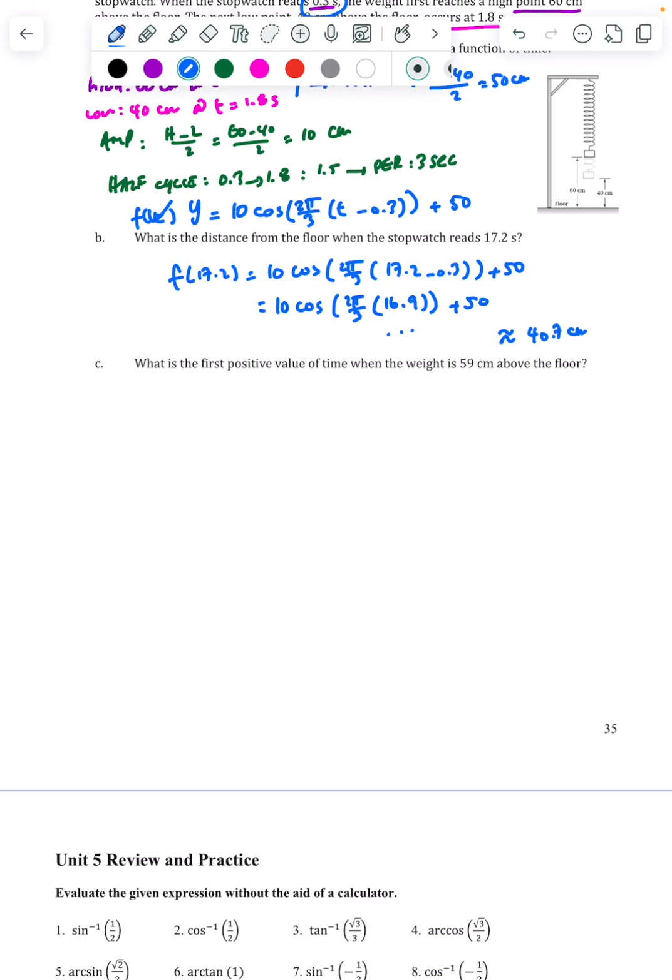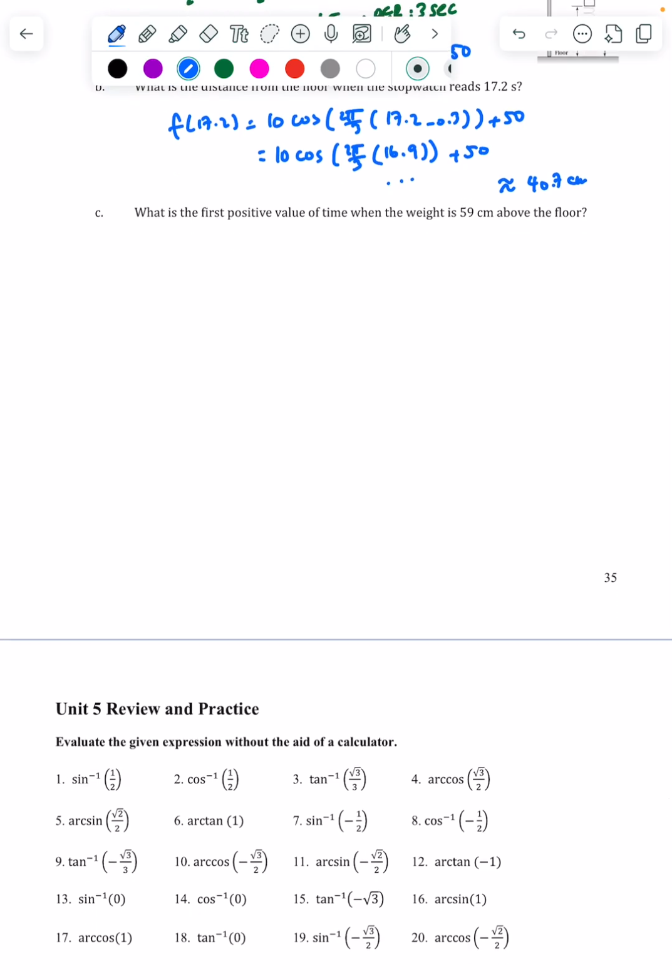So double check. You can do the calculations on a scientific calculator or on a graphing calculator. Now, what is the positive value of time when the weight is 59 centimeters above? So you want this whole equation to be 59. So 10 cos of 2 pi over 3 quantity t minus 0.3 plus 50 is equal to 59.